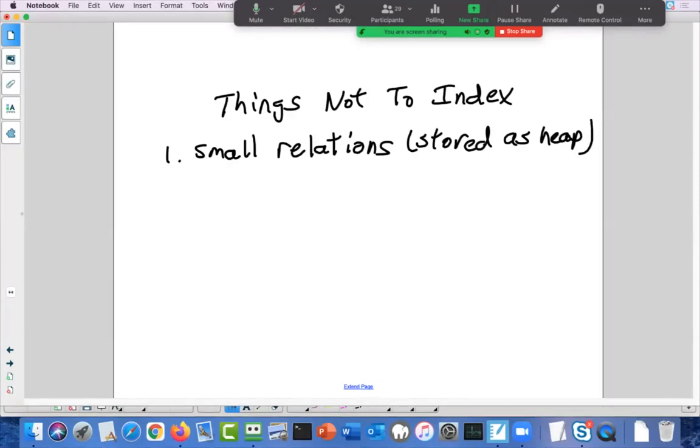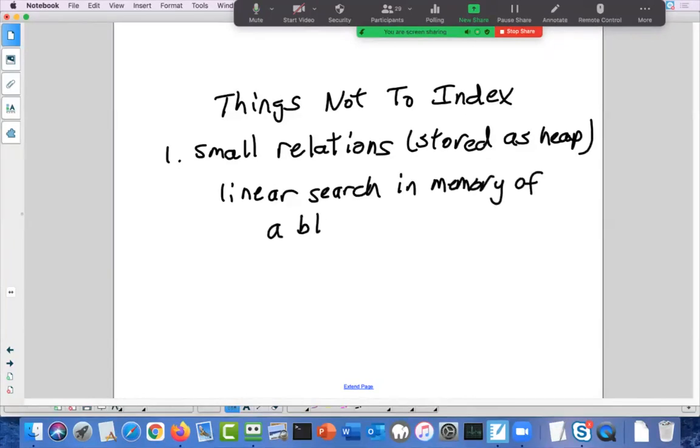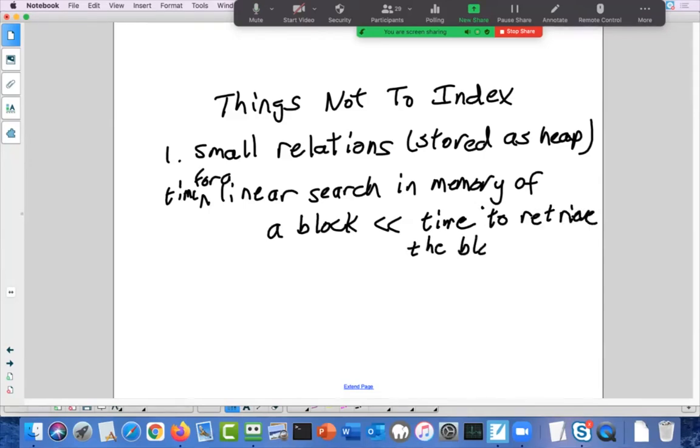A linear search in memory of a block is still much, much less than the time to retrieve the block from secondary storage.